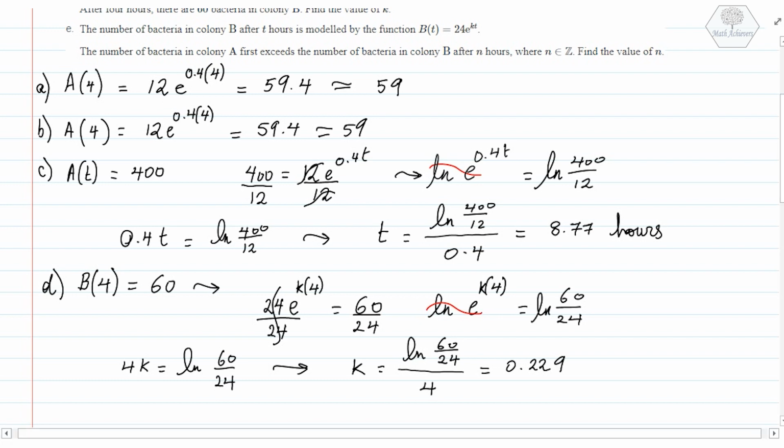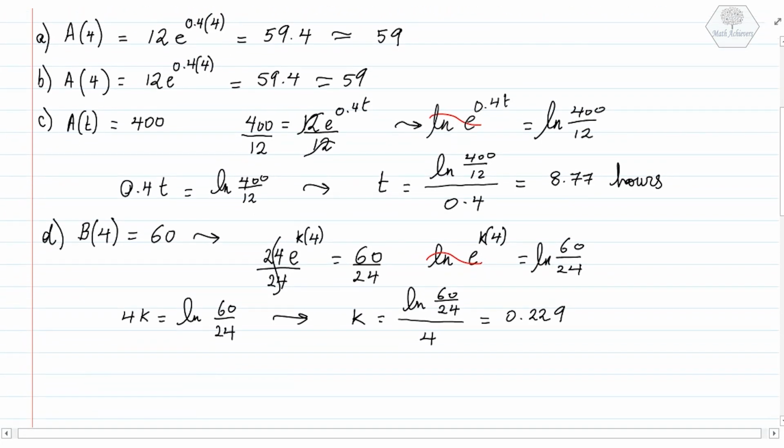If we're having the function of colony A, the number of bacteria, so for part E, we need to find when the number of colony A, which is 0.5 e to the power of 0.4t, exceeds, which is greater than, the value of bacteria in colony B. The function in colony B is 24 e to the power of 0.229t.